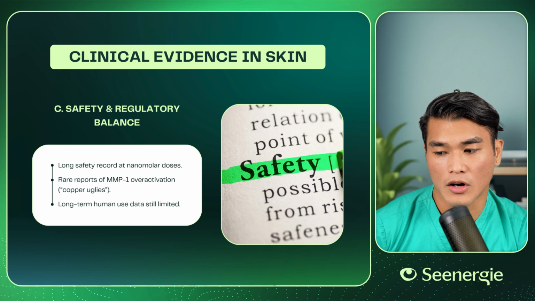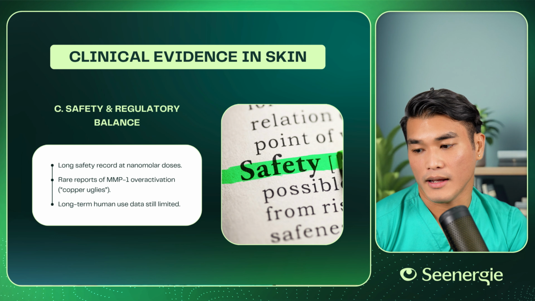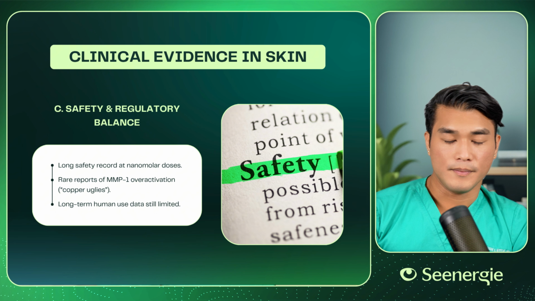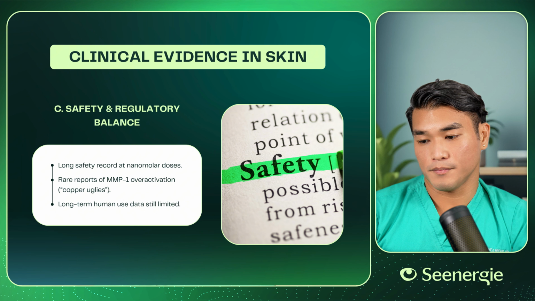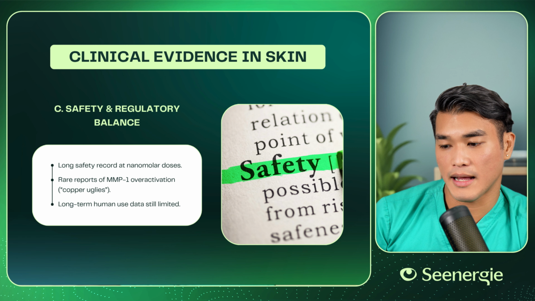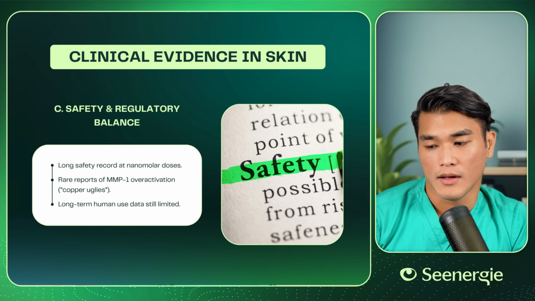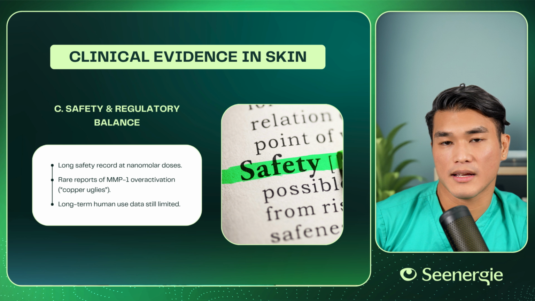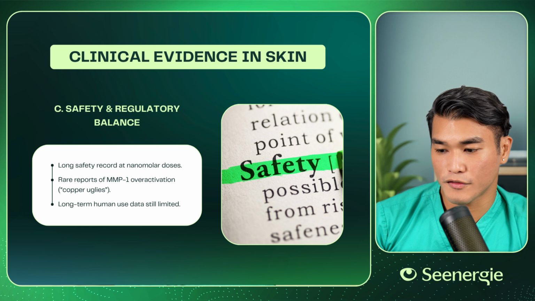I'm sure many will ask about the safety and the regulatory rules behind using products like this. This peptide has a long safety record, and at nanomolar doses, meaning in such small doses, it's really super safe. However, there might be cases where the overactivation of MMP1, or matrix metalloproteinase, may sometimes accelerate collagen fragmentation.